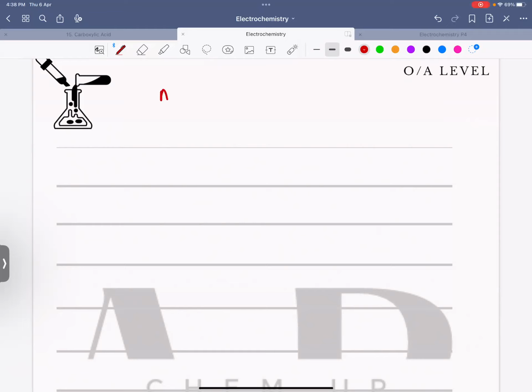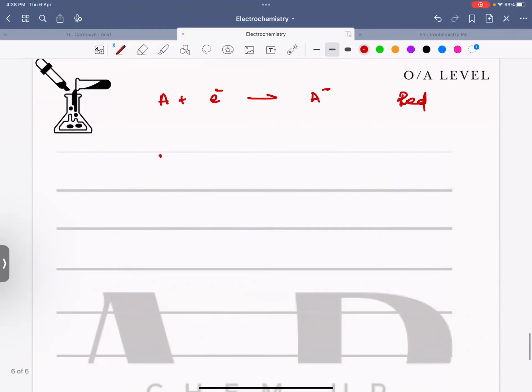Whenever there are electrons on the product side, it means the forward reaction is reduction. If the electrons are on the right hand side, then the forward reaction is always oxidation. That is the easiest way. I'm talking about a half equation.